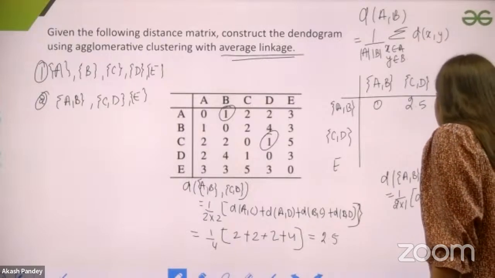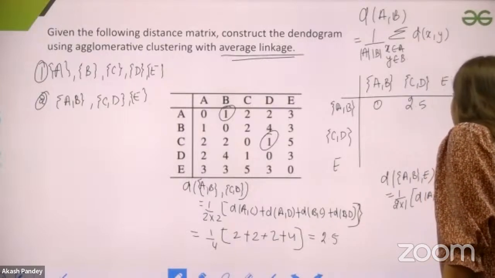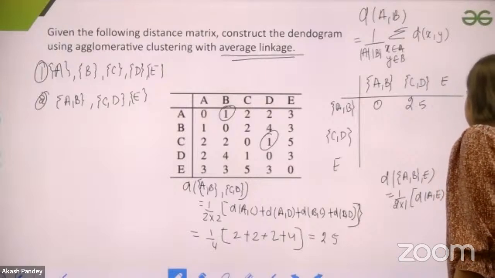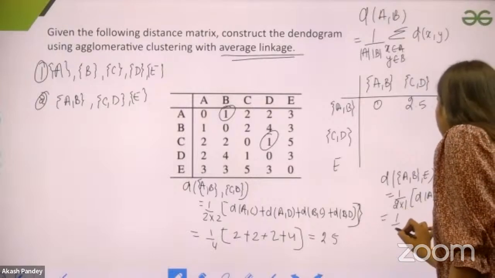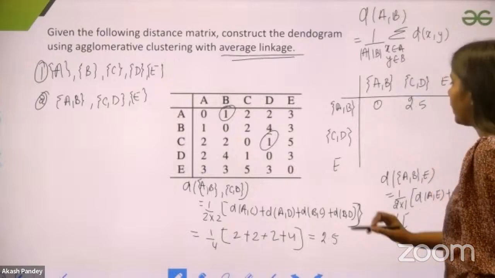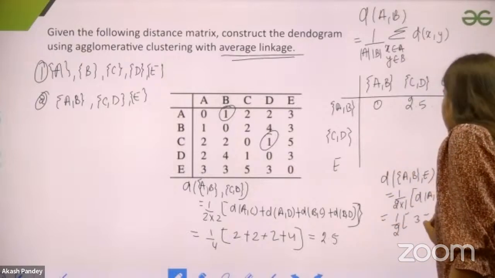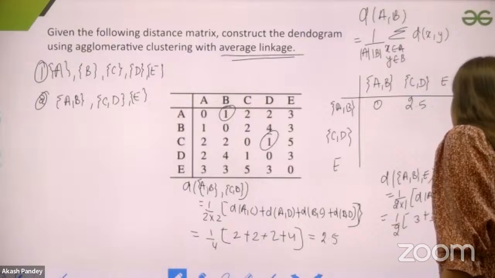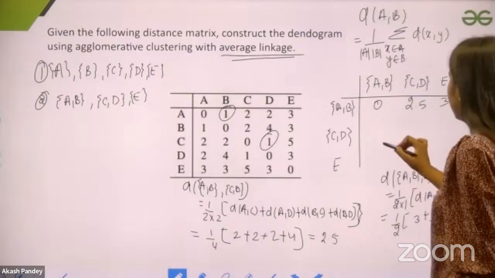And then I'll add the distance of A comma E plus the distance of B comma E. It would become 1 by 2. The distance of A with E is 3 and the distance of B with E is also 3. So you would get this distance as 3.